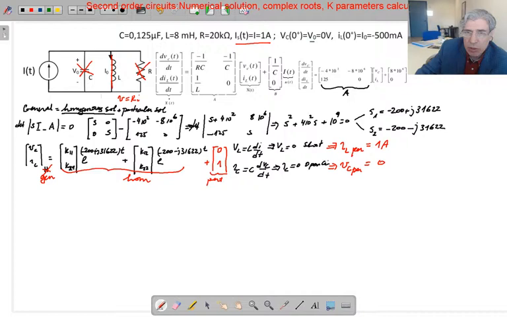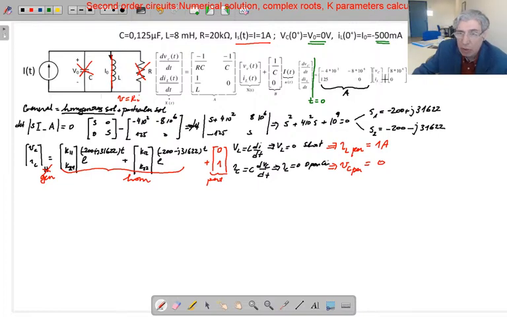Two of the initial conditions are given here. And then we said we are going to calculate initial conditions for the state variables' derivatives. So in here, this is our state equation. If we replace with t equal to 0, this is going to be the derivatives' initial conditions that I am looking for.